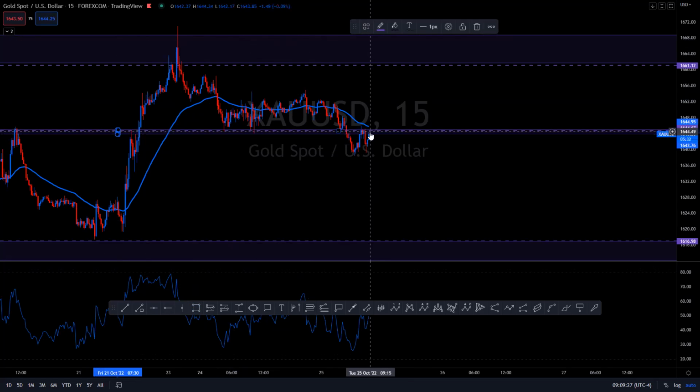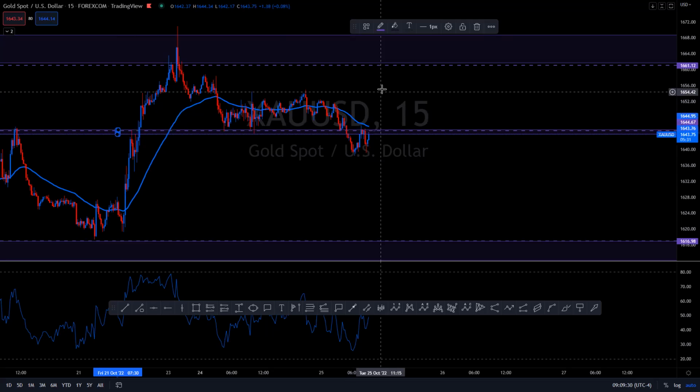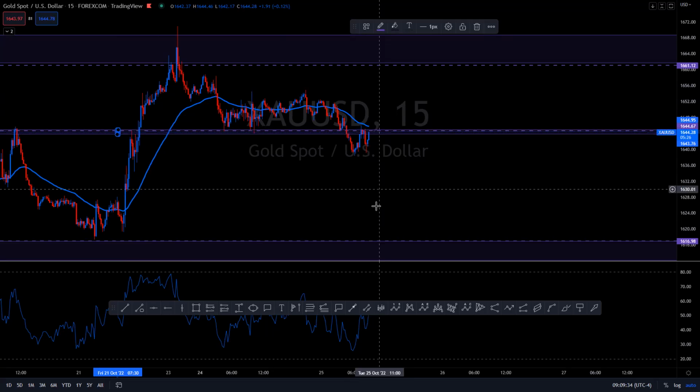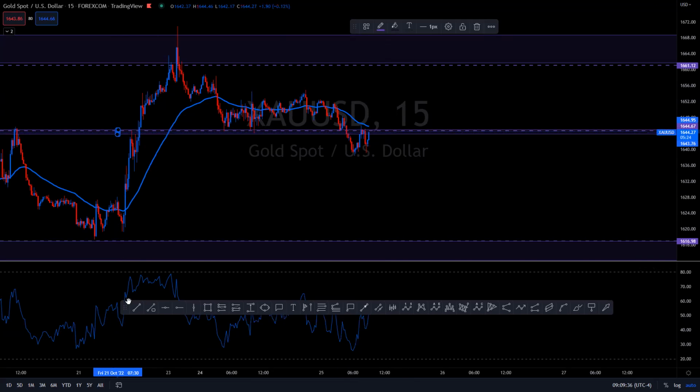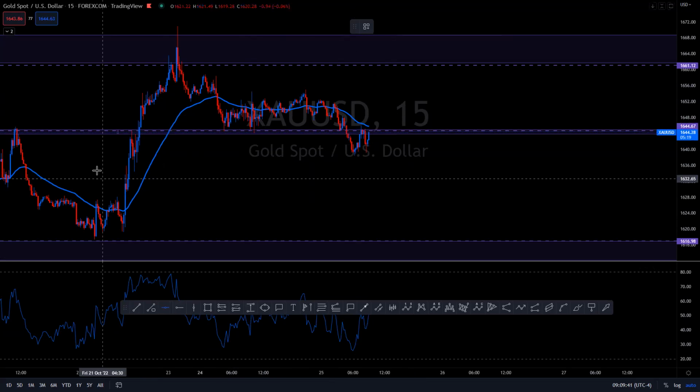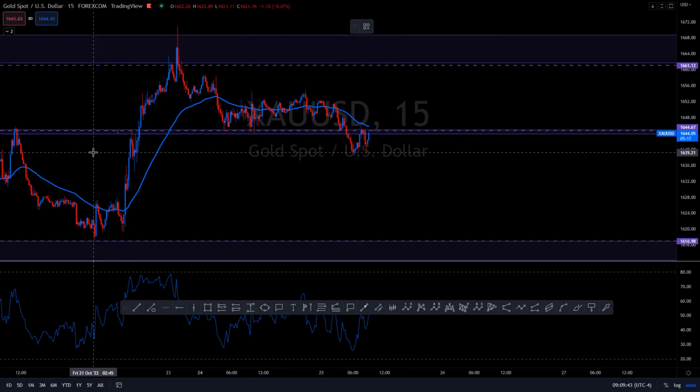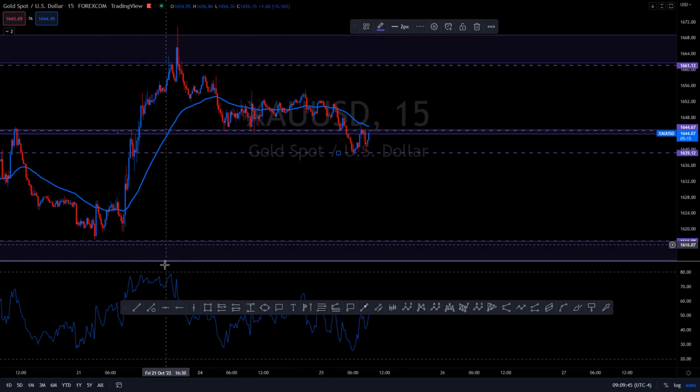So the question is, is price going to close above the zone and go up to this next one, or is it going to be tested and pushed down? There's a possibility that there's another demand zone here as well.